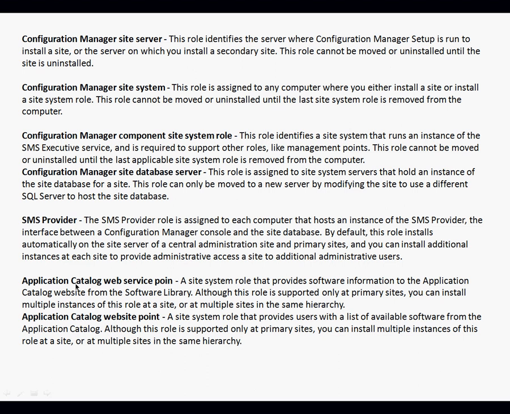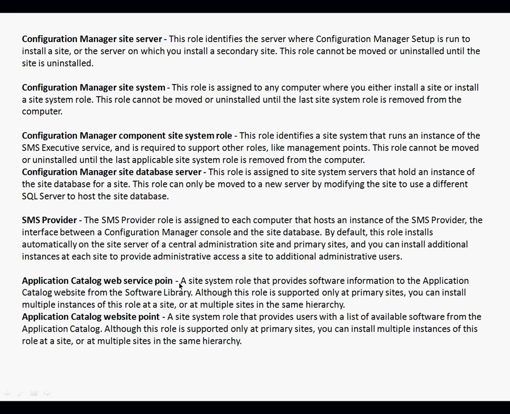Now you have two roles: application catalog web service point and application catalog website point. These are the roles for creating an internal Windows app store. Like you have Google Play Store and Apple App Store, you can also create your own app store for internal employees.